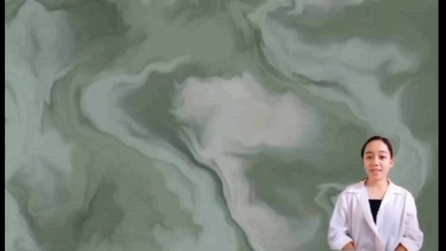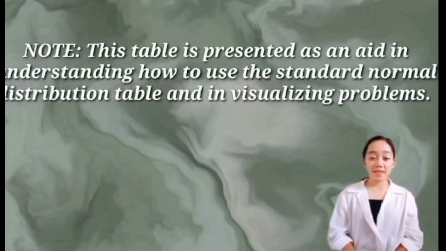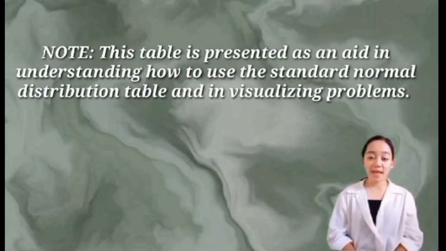There are three basic types of problems, and all three are summarized in the procedure table. Note that this table is presented as an aid in understanding how to use the standard normal distribution table and in visualizing the problems. After learning the procedures, you should not find it necessary to refer to the procedure table for every problem.